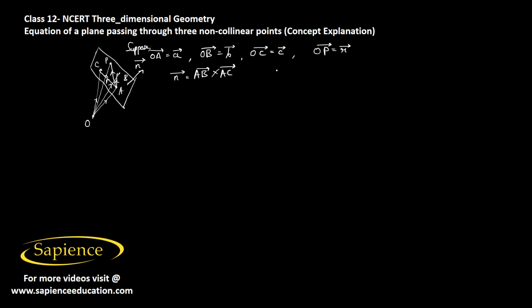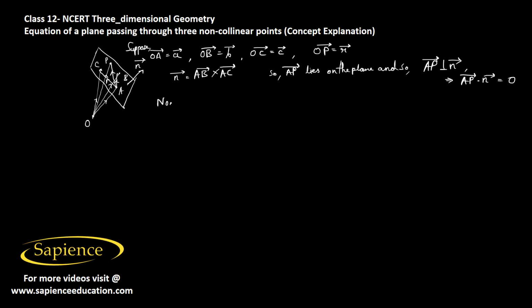And AP vector lies on the plane, so AP vector should be perpendicular to the normal vector to the plane, which is n vector. Therefore AP vector dot n vector should be equal to 0.